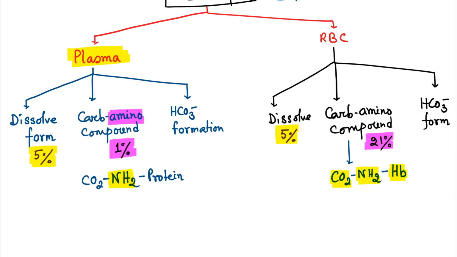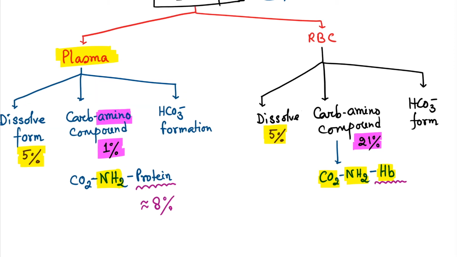So I am asking you, what is the concentration of protein in plasma? We know plasma protein is approximately 8 gram percentage. But if I ask you, what is the percentage of hemoglobin inside the RBC? That is the hemoglobin concentration, mean corpuscular hemoglobin concentration, or MCHC, which is approximately 33%.